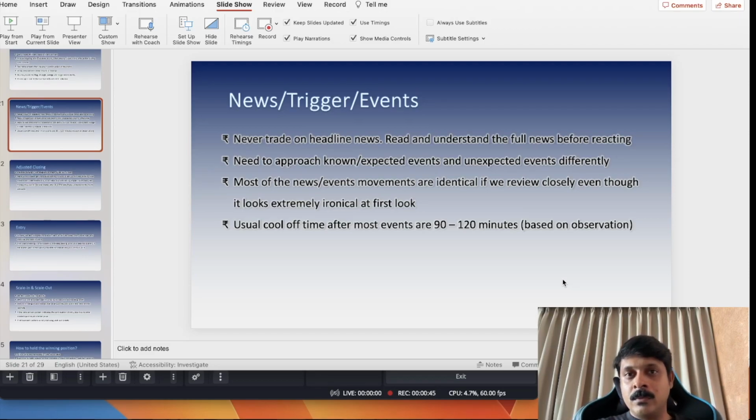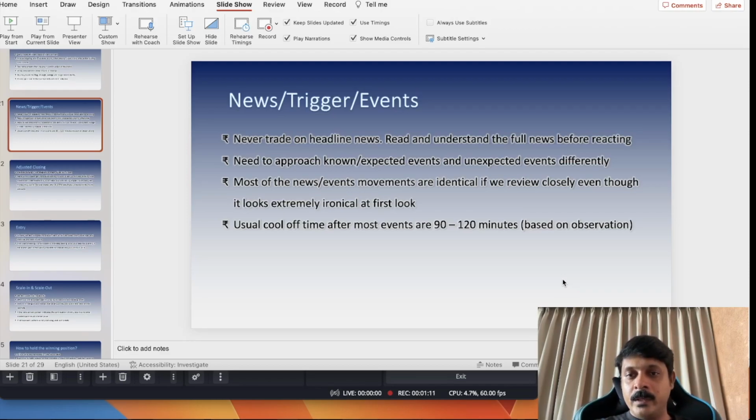So always be mindful about expected bad news. It can give an immediate reaction on the downside, but then most likely it tends to go up, unless it is fundamentally bad or something extremely negative, which has a long-term impact on the market or economy.